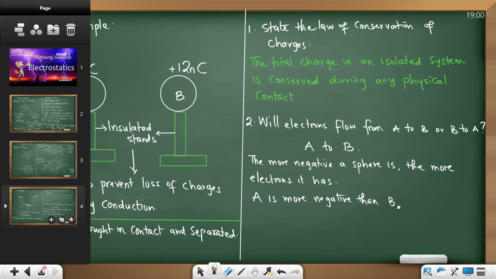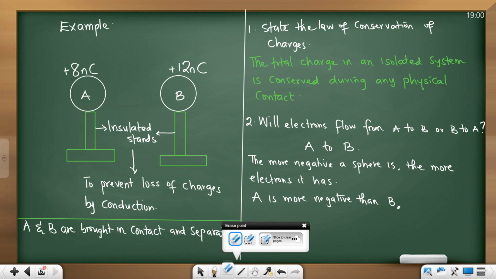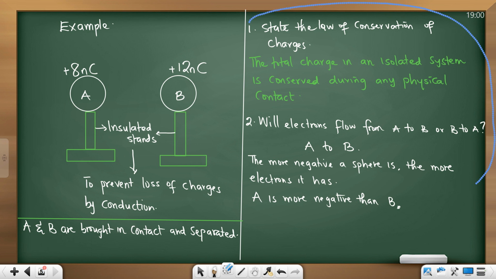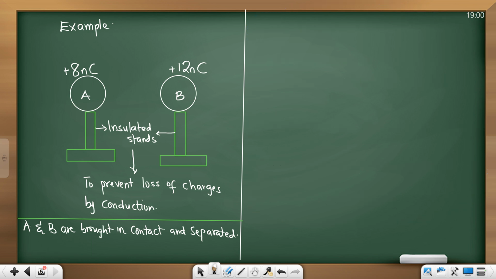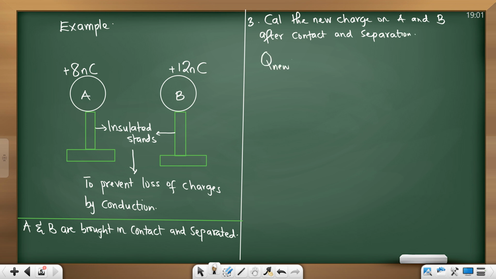I'm going to reproduce my page, and my third question, which would lead to the fourth one, and then we move to the grade 11 part, will be: calculate the new charge on A and B after contact and separation. And all we need to do is to use our formula, QA plus QB over 2.